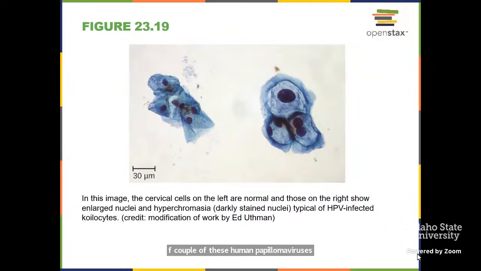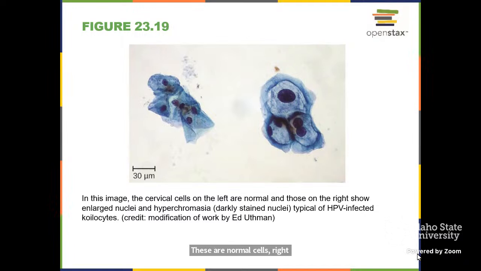So this is what we're looking at under a smear for human papillomavirus, HPV. We've got two different groups of cells here. Our first ones over here, the smaller ones with the little nuclei, these are normal cells, all right?